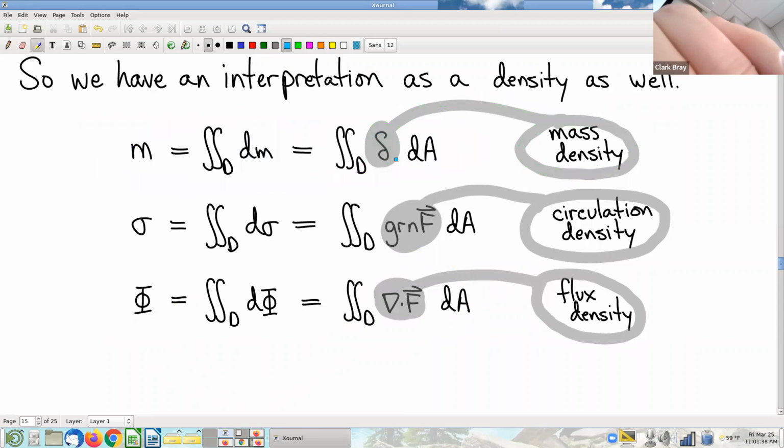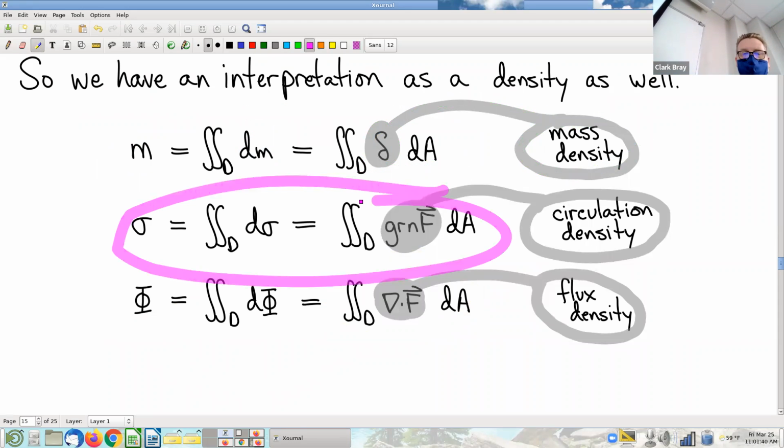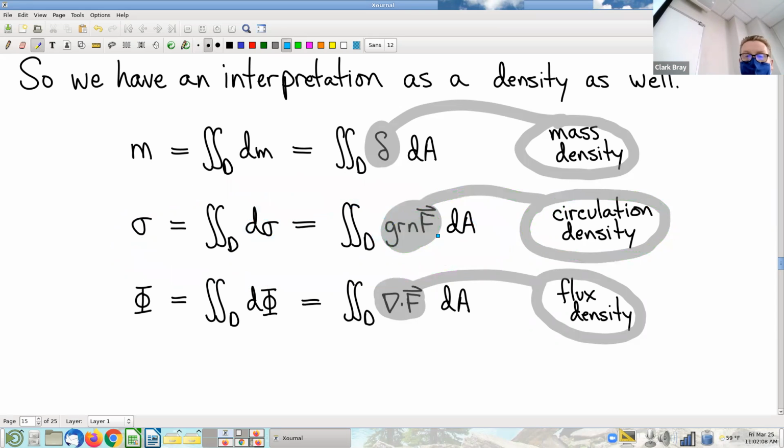And likewise, here's our theorem about circulation, and Green's operator we call circulation density, because we're computing circulation. And because Green's operator is the thing that tells you how much of that accumulating circulation you get per unit area. Just like with mass density. The motivation for the term density is exactly the same.